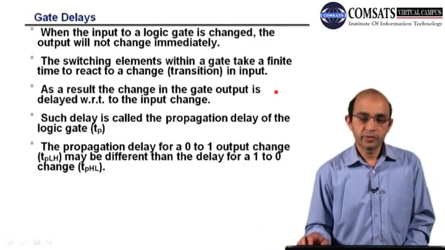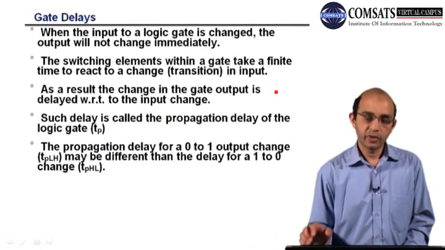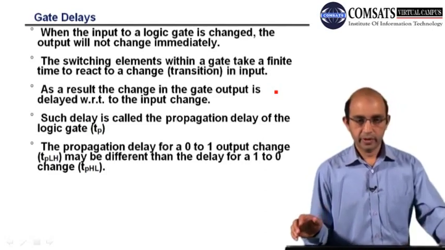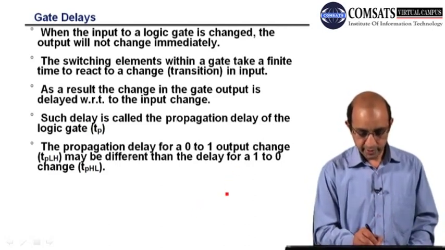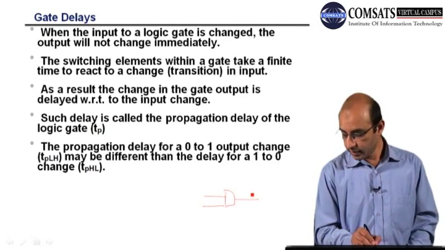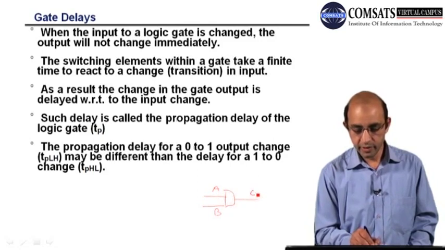Whenever we talk about gates, we normally apply input at the gate, and we have an output. If I draw a gate, we have an AND gate over here, with two inputs, and this is the output.